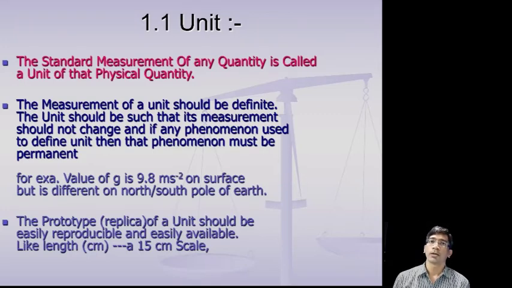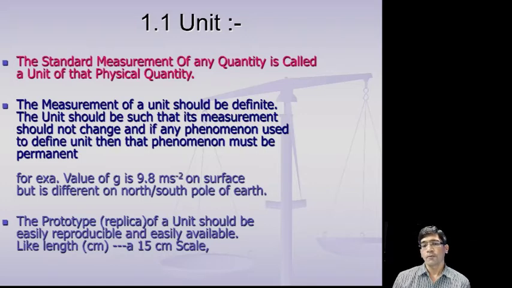But if we take the gravitational acceleration of the object on the north pole or the south pole of the earth, then it may vary. When you go from place to place, in latitude or altitude, the value of small g changes. But that change is permanent. If you say that on the pole the value of g is this, then it is the permanent value, though it differs from the equator of the earth.